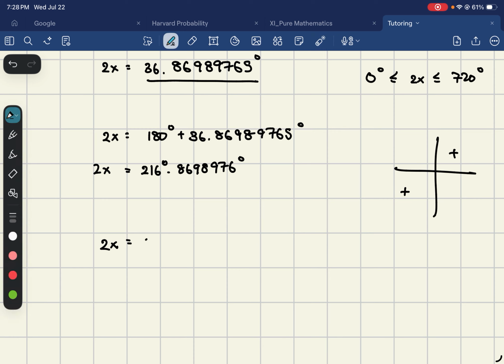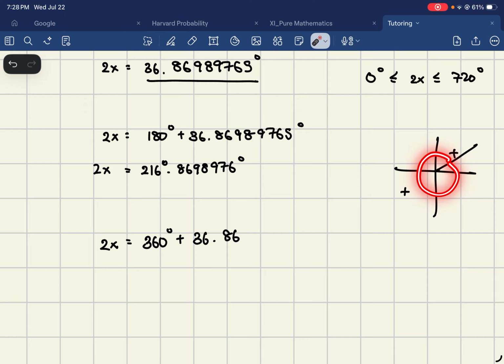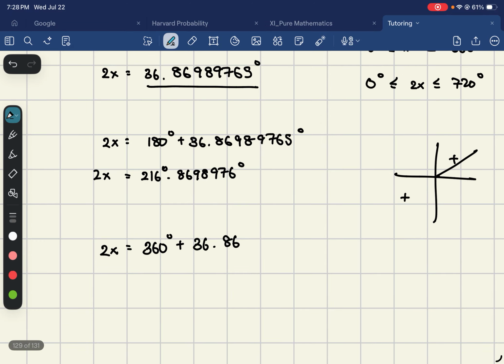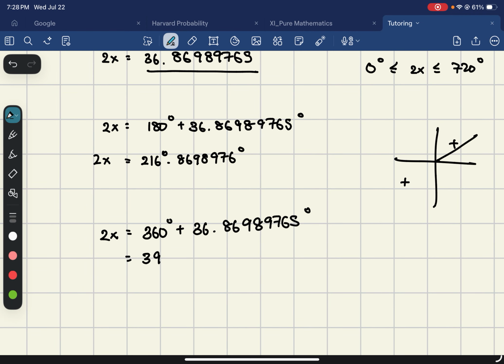So another solution is just going to be 360 degrees plus our first answer, 36.86989765 degrees. Because if 36 is here, then adding 360 brings it back here. A 2 pi rotation will bring anything back, right? So that is 396.8698977.